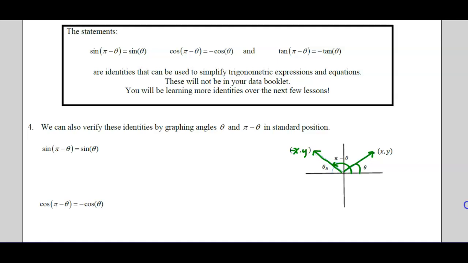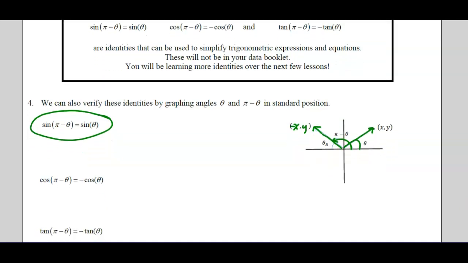Okay, so think about sine of this angle here, we're looking in this triangle, is what? Sine over here is what? That's why these are equal. So there's no work to do on this. It's just to show you in the unit circle.